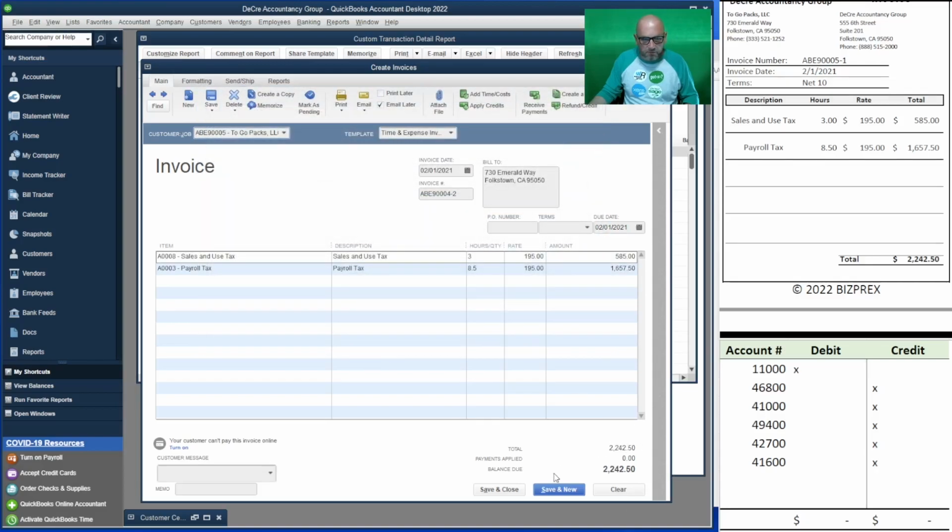Again, this amount is a debit to account 11,000, and these amounts are credit to our revenue account, 40,000 series. All right, so here it is. Everything is correct.